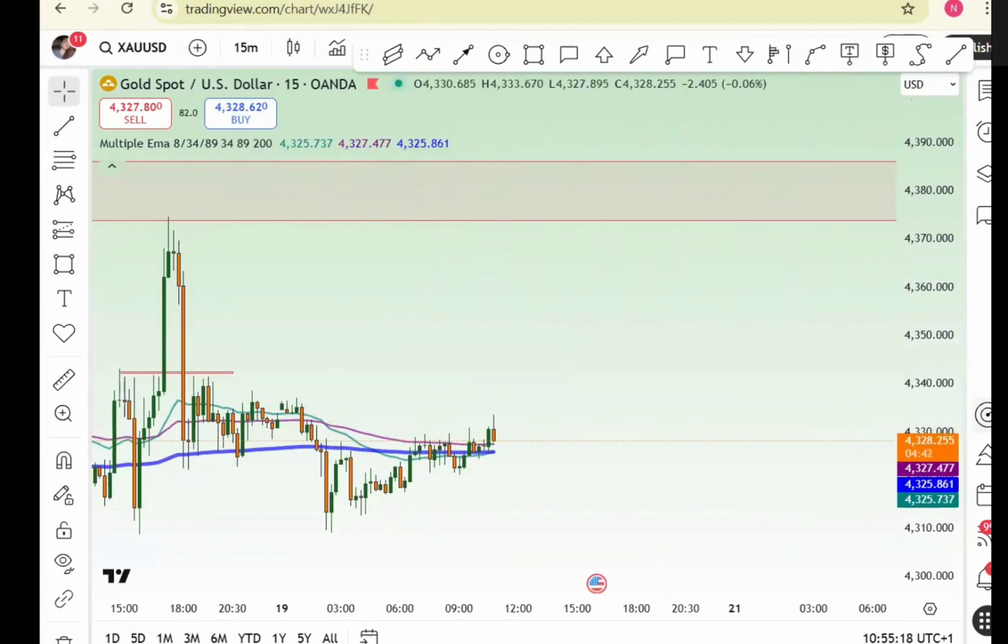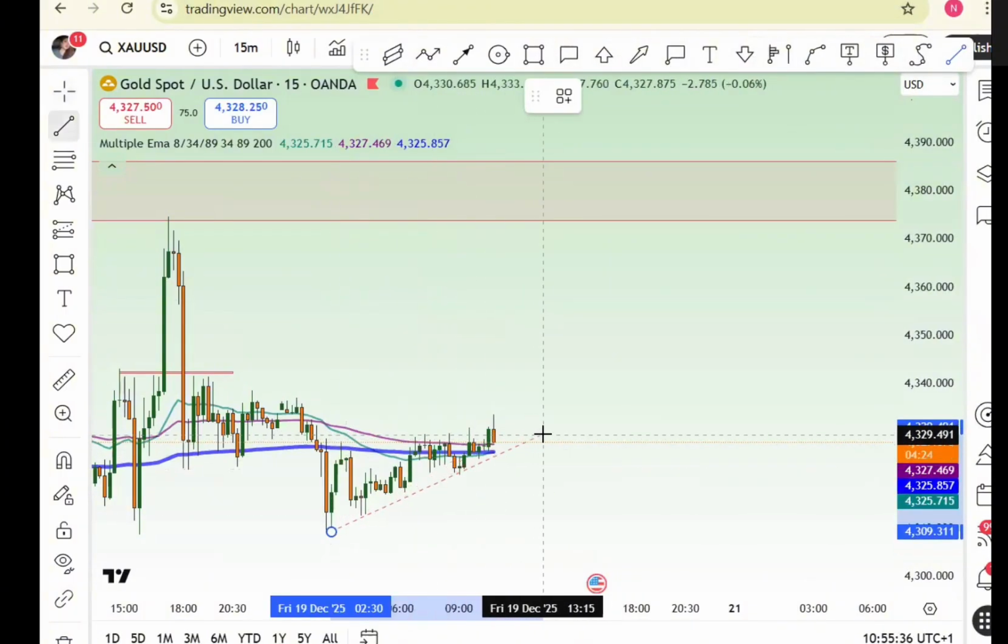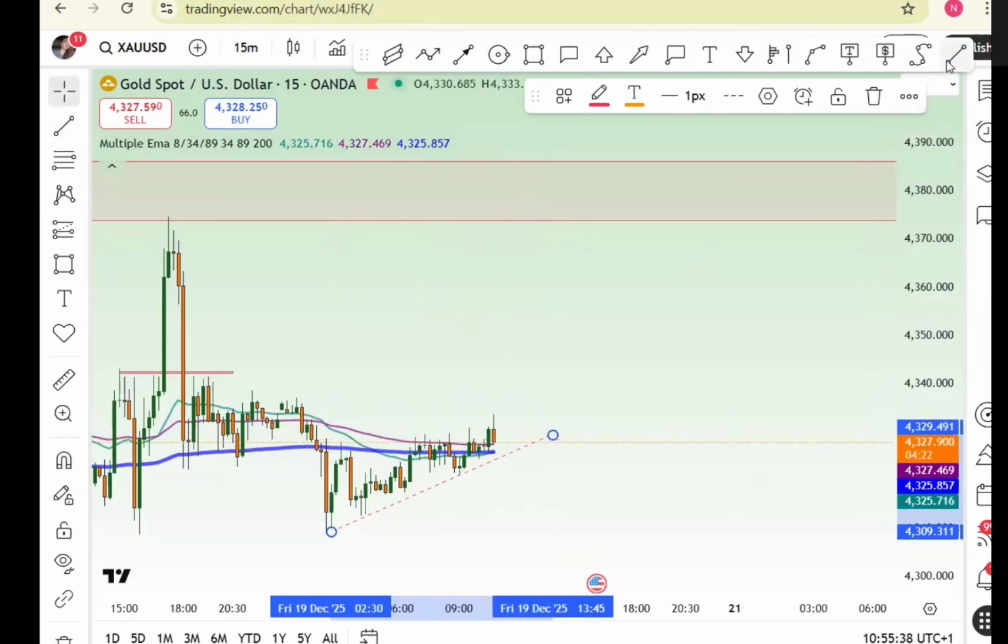However, we can gradually identify the trend by using the signal of the swing high and swing low. If you see, it forms gradual lower lows, higher lows, and higher highs.